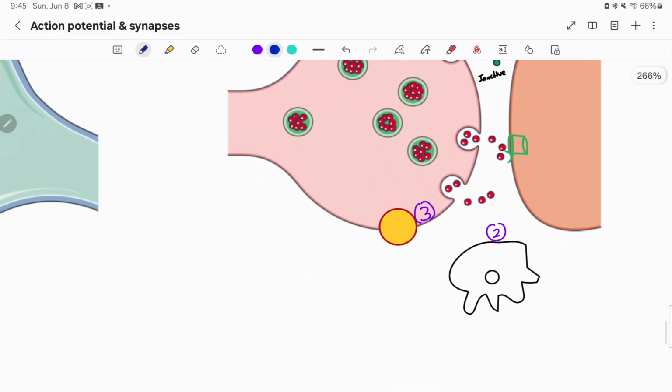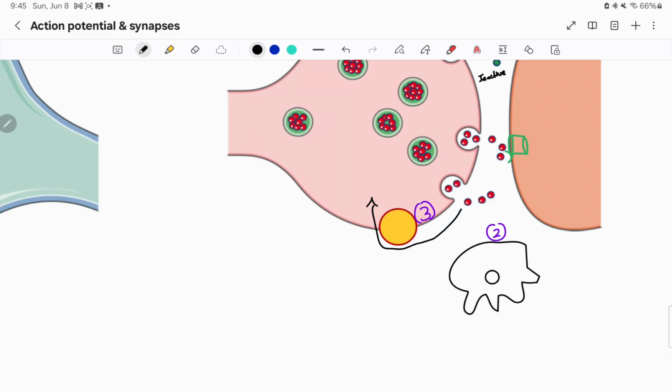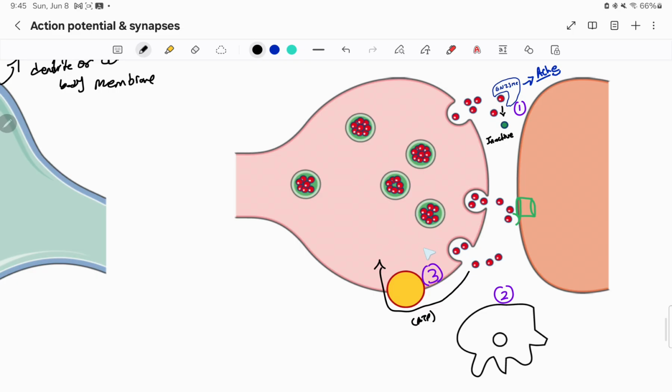Other times, we will have active reuptake, okay? Active reuptake of the actual neurotransmitter, whether it uses ATP or some form of secondary active transport, okay? We will actively reuptake the neurotransmitter back into the presynaptic terminal, where it will be broken down into its constituent parts, recycled, and then reused again.